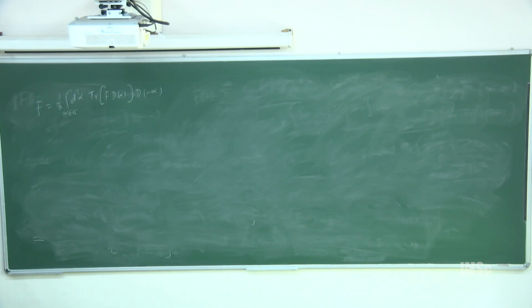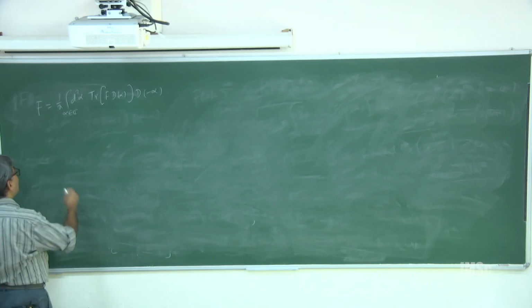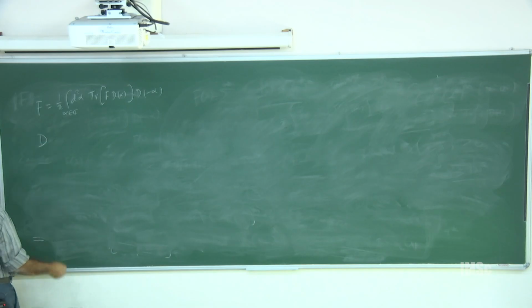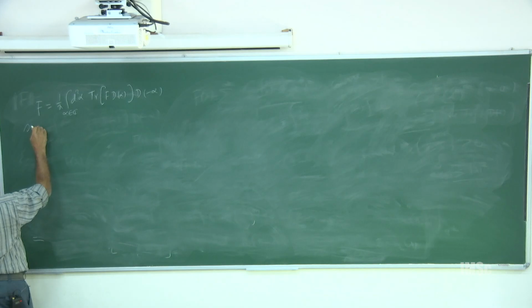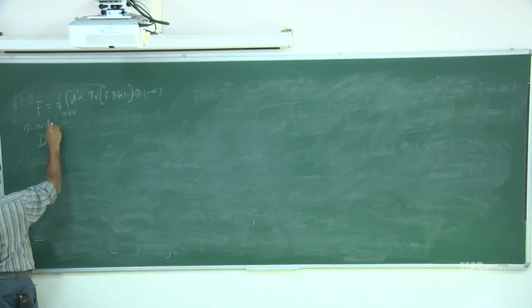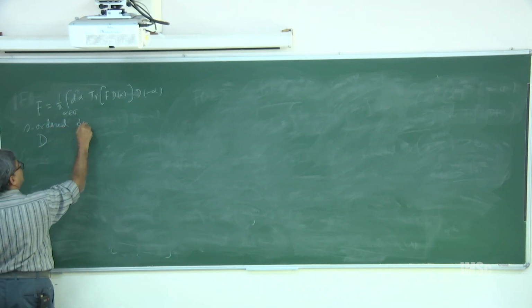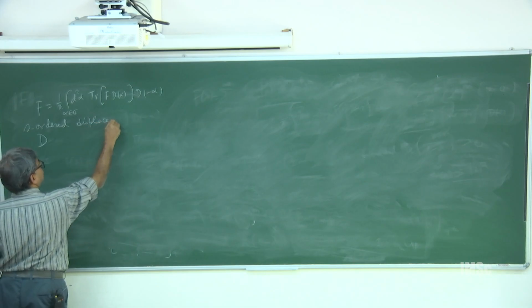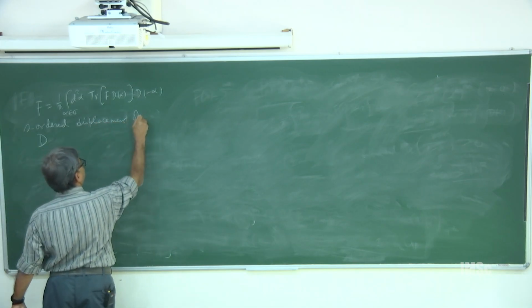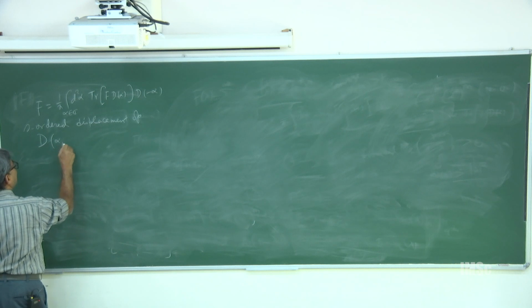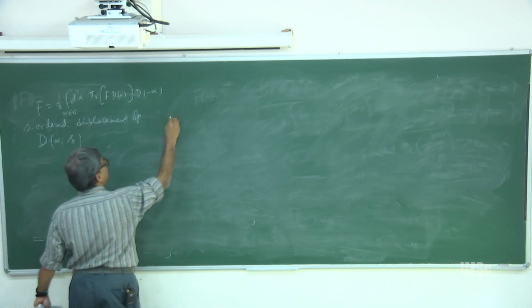So, for that reason what we need is something more, but before that I introduce this s-ordered displacement operator, which is D of alpha and s. s is a complex number.